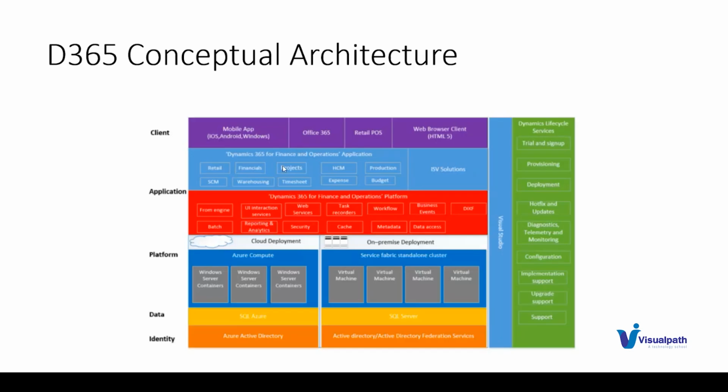And how this actually works for F&O, I know some people are already here from Business Central, so I hope Business Central also follows the same. I'm not so sure on that. Many of the modules are available out of the box, and some modules which are not available are developed by Microsoft partners.